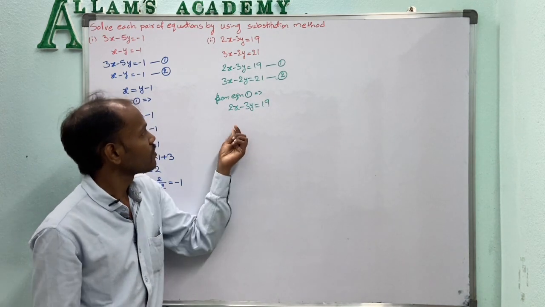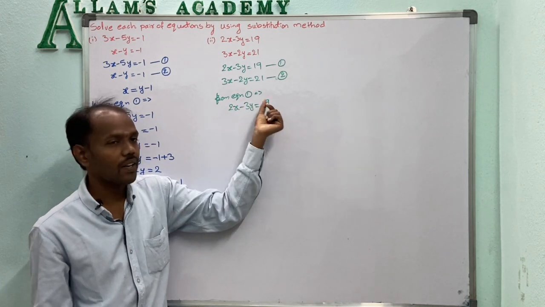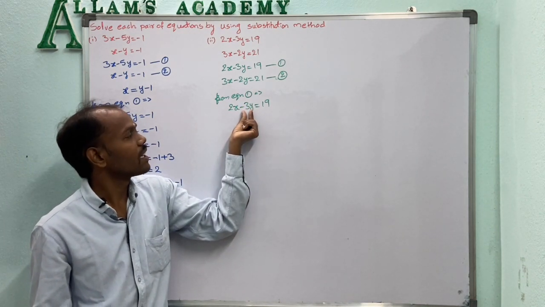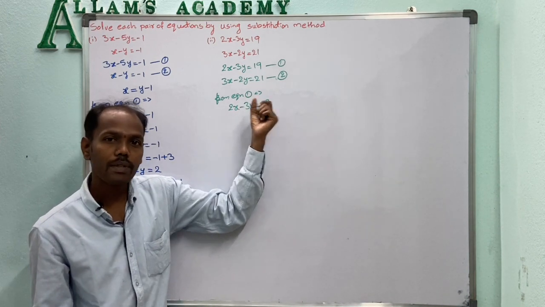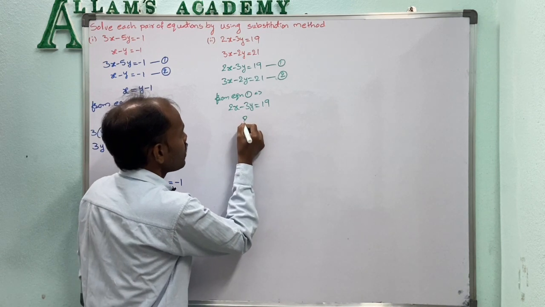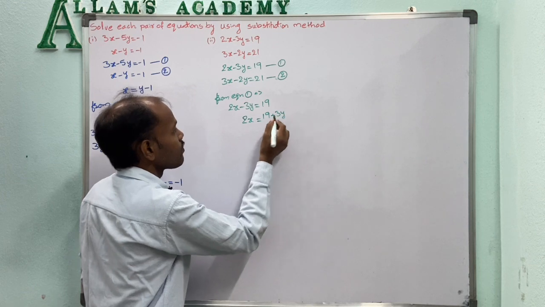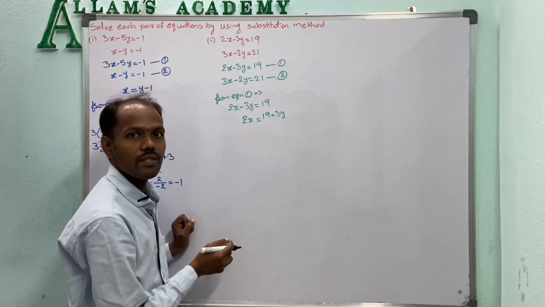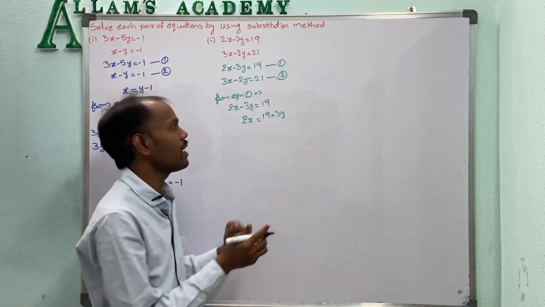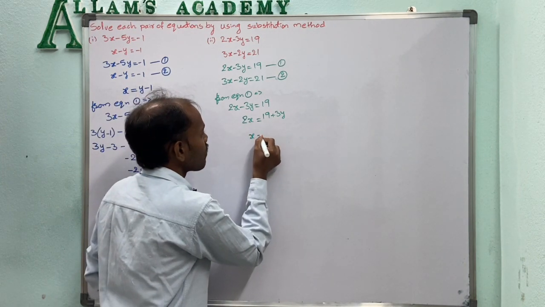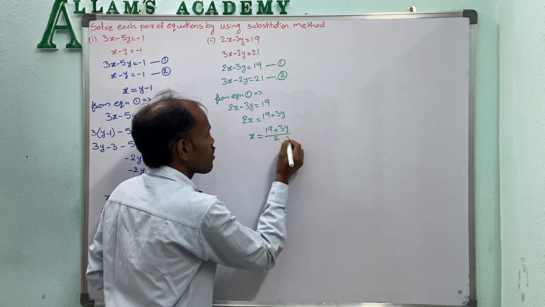Here, if we transfer x or y, it is not a problem. Since y is a negative term, I am sending the y term. Now 2x equal to 19 plus 3y. The multiplication transferred to the other side becomes division, so x equal to (19 plus 3y) by 2.